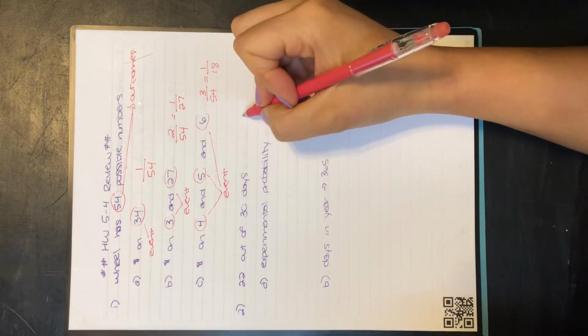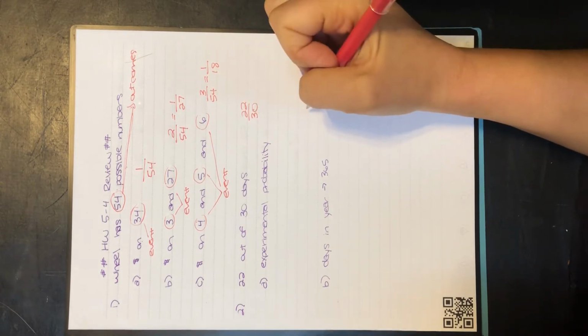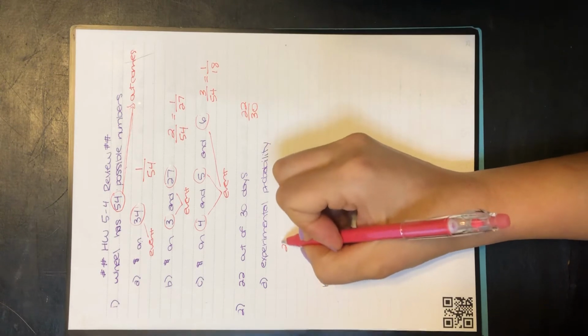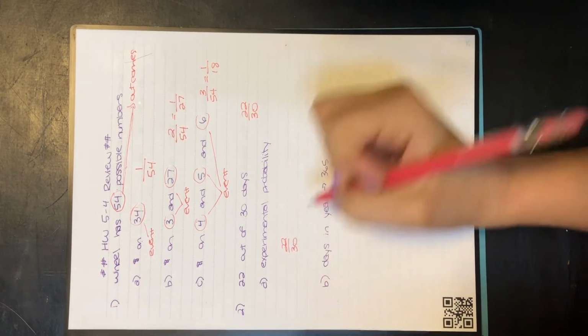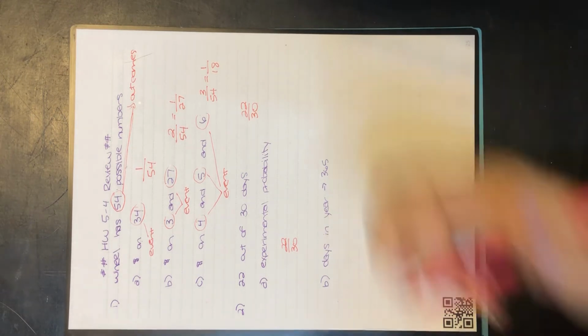So it was 22 out of 30 possible outcomes, 22 events that they were correct out of 30 possible outcomes, 22 out of 30. And it says express it as a decimal.